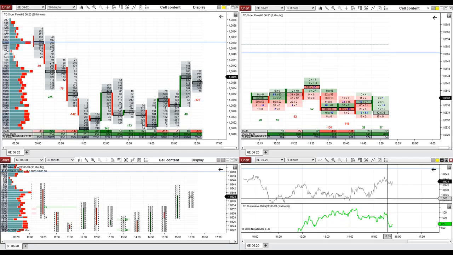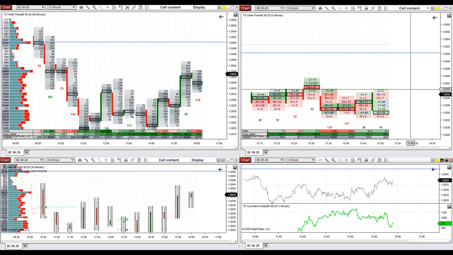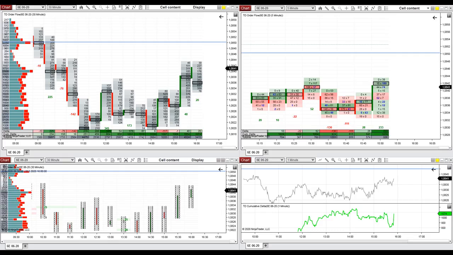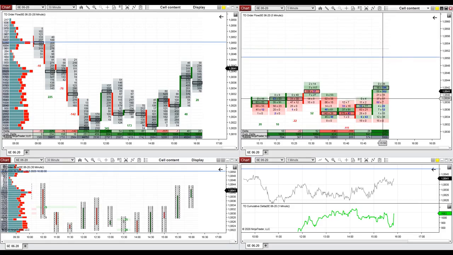Delta going downwards. Okay, buying imbalances, buyers jumping in, aggressive buyers in here. When you see this, you need to start paying attention, because there could be quick move and it could hit the level.